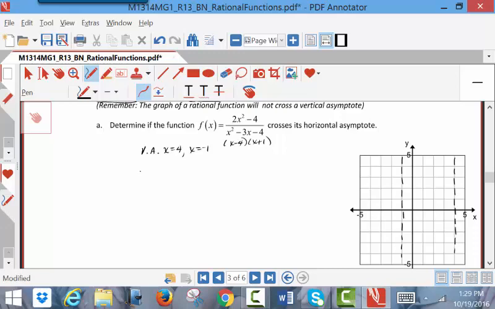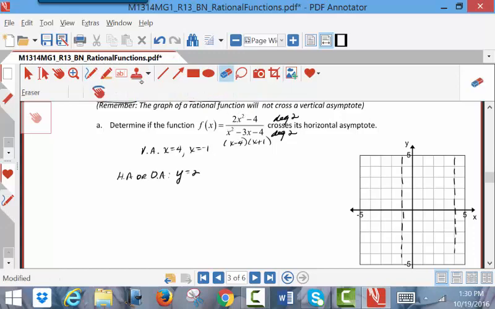Now, I will have either a horizontal asymptote or an oblique asymptote. One or the other, not both. The degree of the numerator is 2 and the degree of the denominator is 2. So if the degrees are the same, you have a horizontal asymptote, and where is it? Y equaling 2.